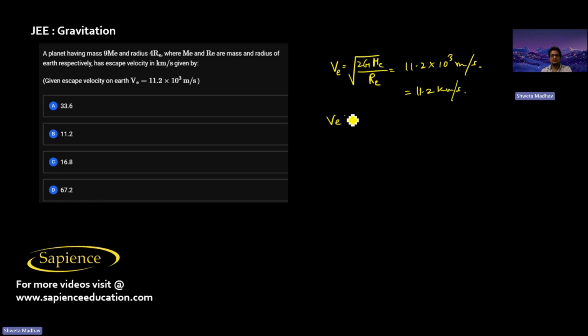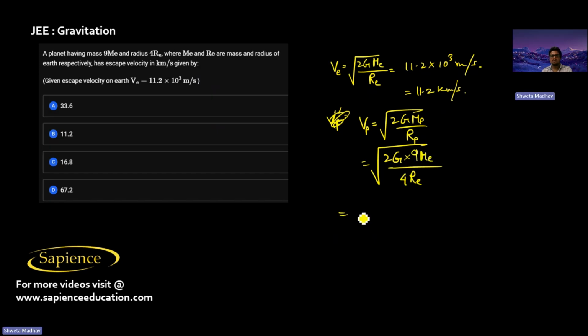The escape velocity on the surface of that planet, let's call it V dash, that is equal to root of 2G Mp by Rp, where Mp is the mass of that planet and Rp is the radius of that planet. It is root of 2G into mass of the planet, 9 Me, by radius of the planet, 4 Re.